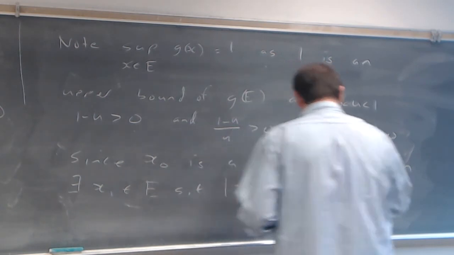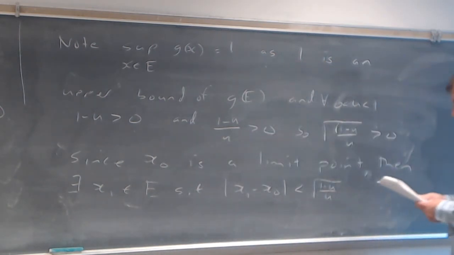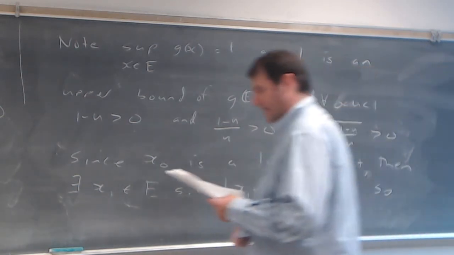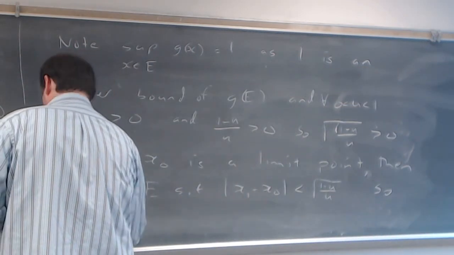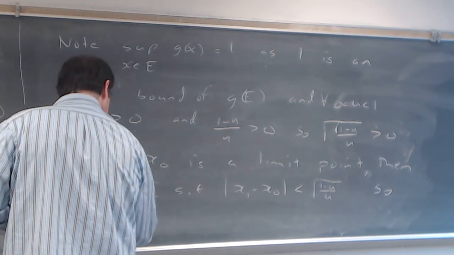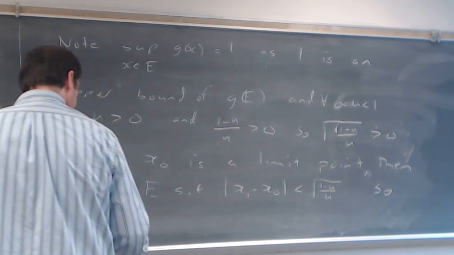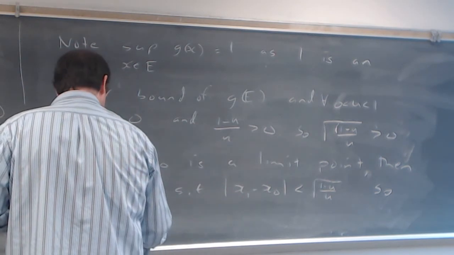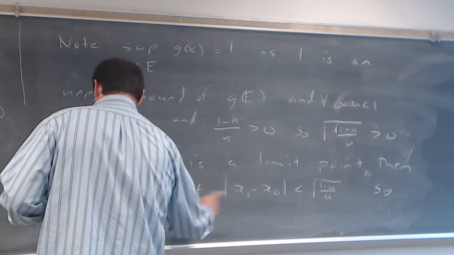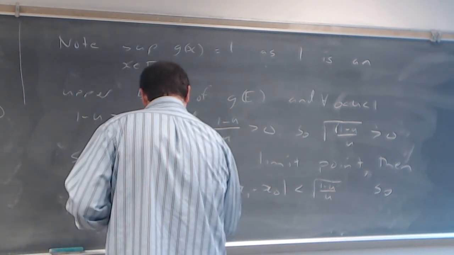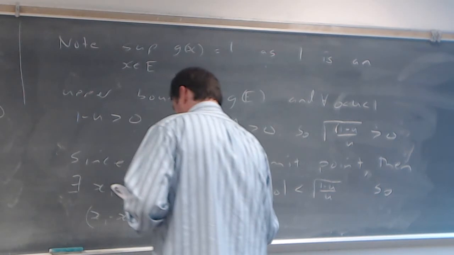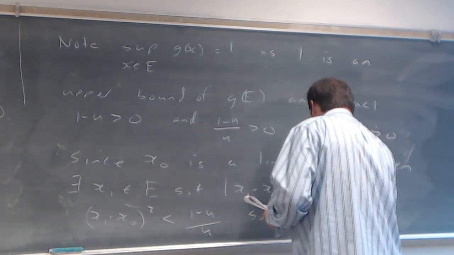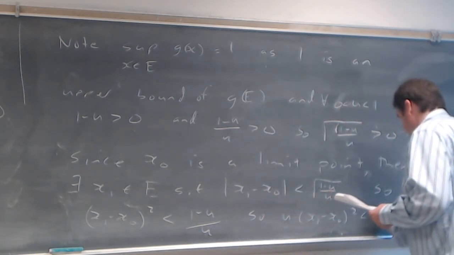You think of that as the radius of the neighborhood. Okay, so working with that, we have that the absolute value of x sub 1 minus x sub naught, squared, is going to be less than that guy squared over there, which is 1 minus u over u. So we get that u times the quantity x1 minus x naught squared is less than 1 minus u.